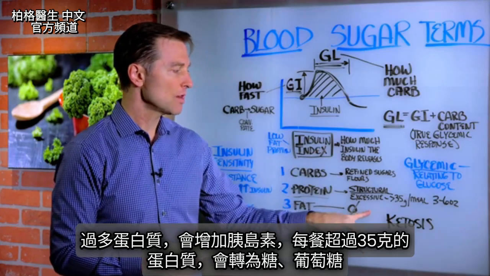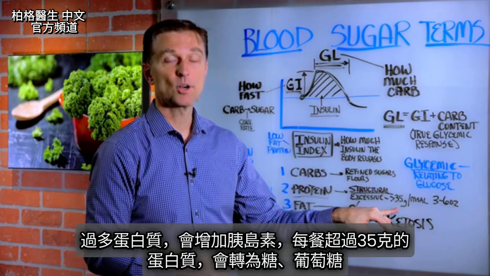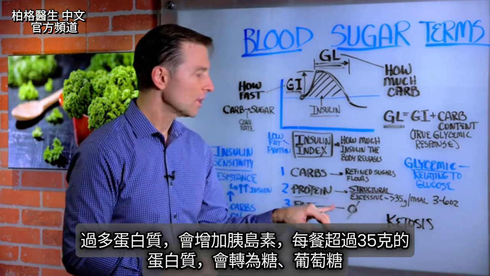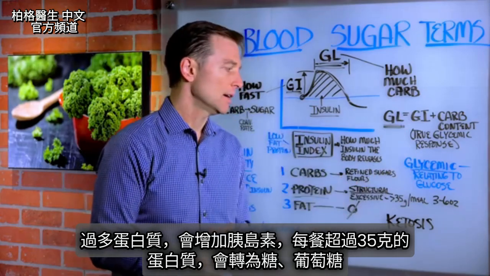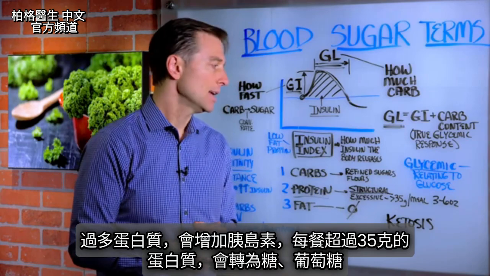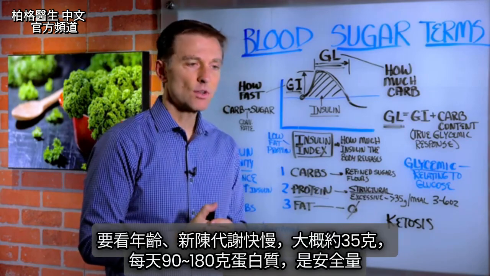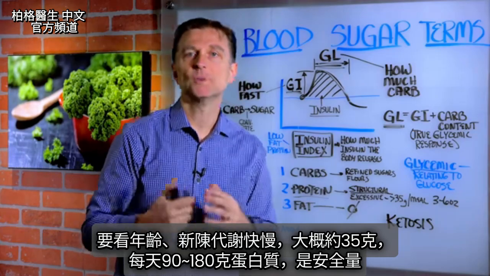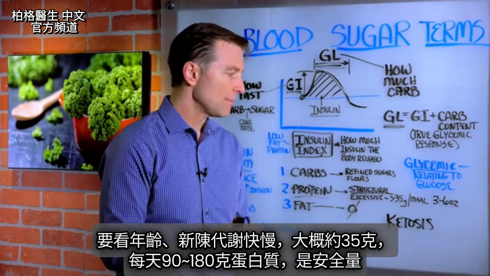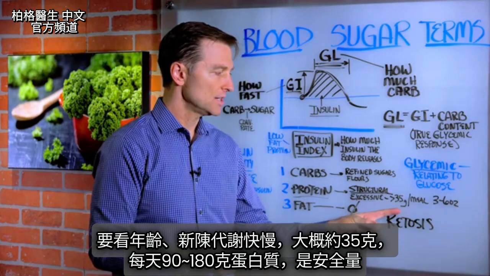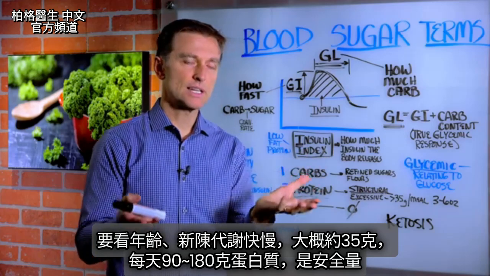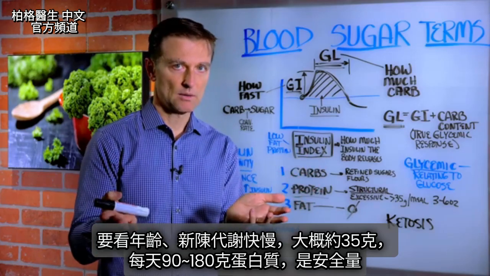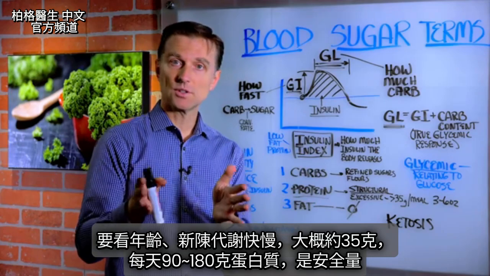Well, anything more than 35 grams of protein per meal can be converted into sugar, or glucose. Now this all depends on your age and your metabolism, but generally speaking, this is a rough number. This relates to about 3 to 6 ounces of protein per meal. That's what I'm going to recommend for you, just to be safe.